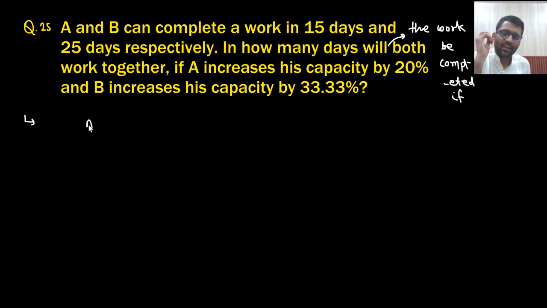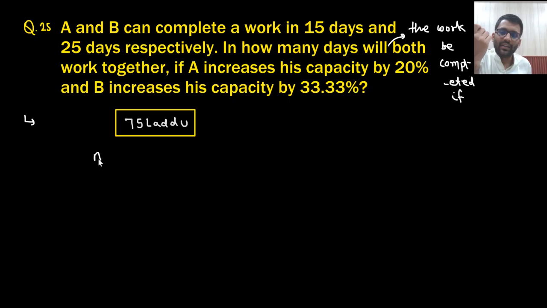So A and B, 15 and 25. 75 I can take. 75 laddu I can take. This is the work.